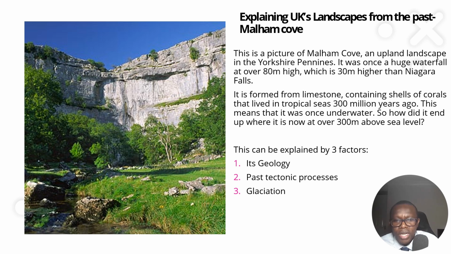Now it's mainly formed from limestone, and it contains shells of corals that lived in tropical seas over 300 million years ago. So the question is, how did it end up 300 meters above sea level right now, when it was originally beneath the oceans?